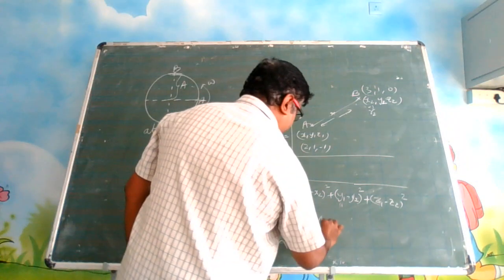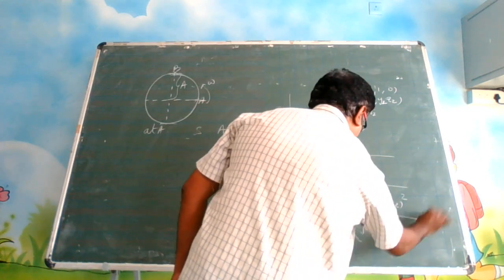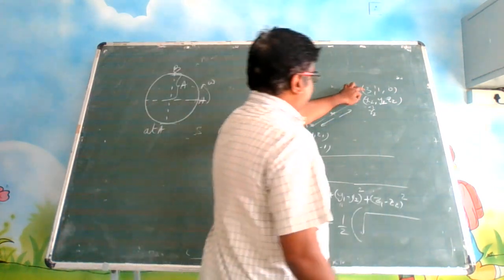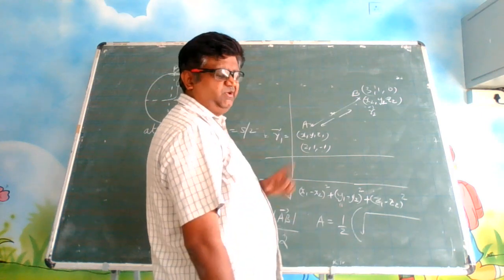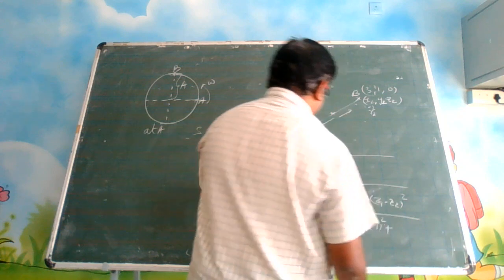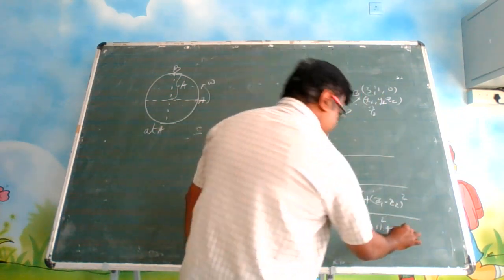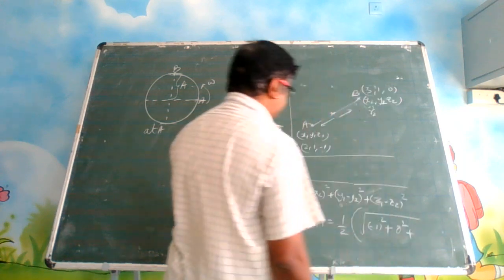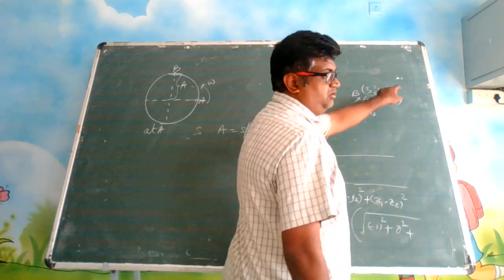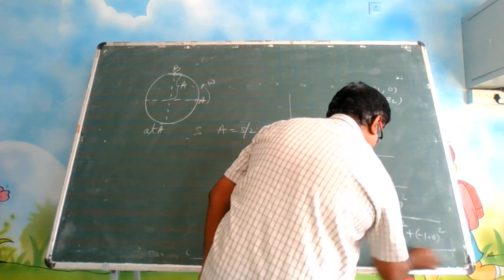Amplitude will be equal to half root over 2 minus 3 whole square, which is minus 1 whole square, plus 1 minus 1 whole square, which is 0, plus minus 1 minus 0 whole square, so minus 1 whole square.